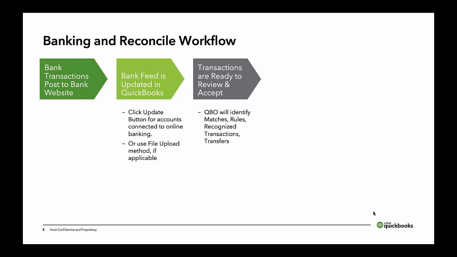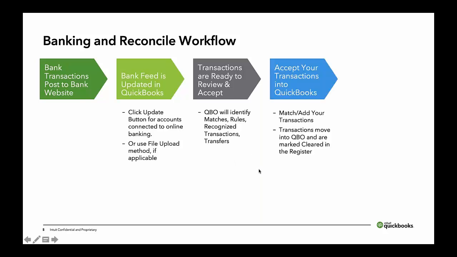Have you set up a custom rule to tell QuickBooks what to do with a transaction that meets certain conditions? Are there any transactions we recognize from past behavior? And then is there any transfer data, like where money's moving from one account to another? And we'll go into each of these in more depth.